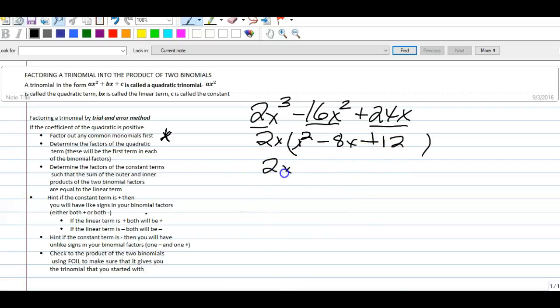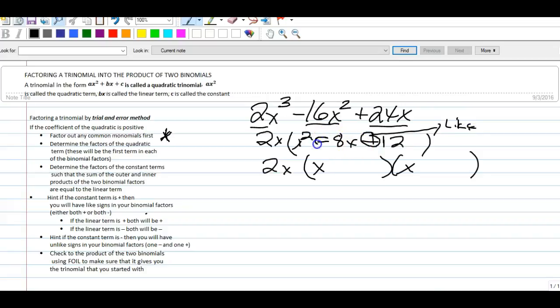You keep the factor of 2x, and I'm going to break this quadratic trinomial down. This is a quadratic, it's of degree 2. And the factors for the quadratic term are x and x. And notice that my constant term here is positive, so that means I'm going to have like signs.